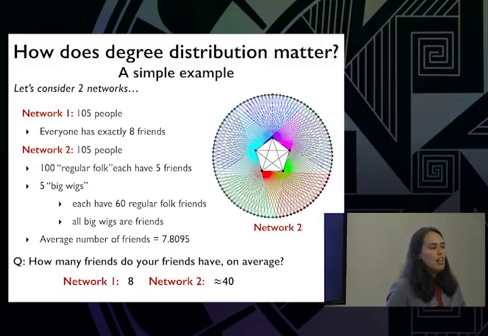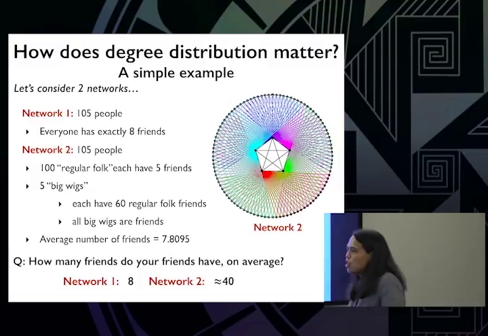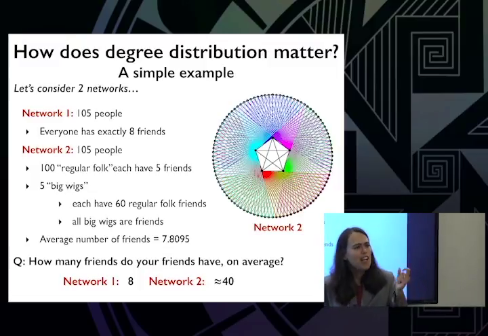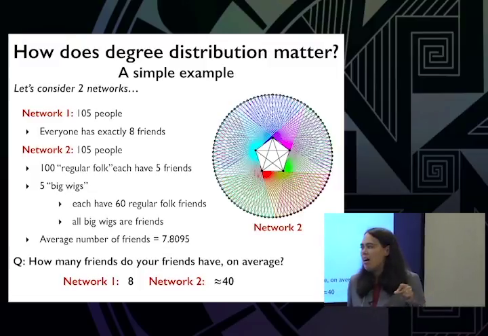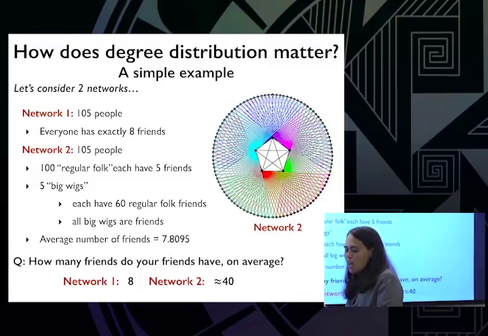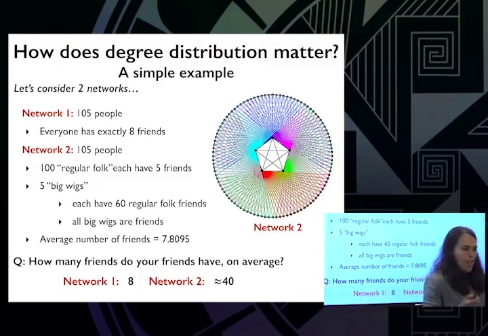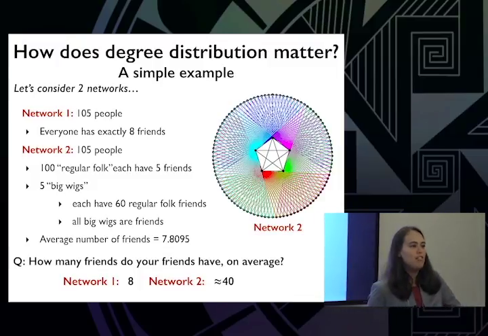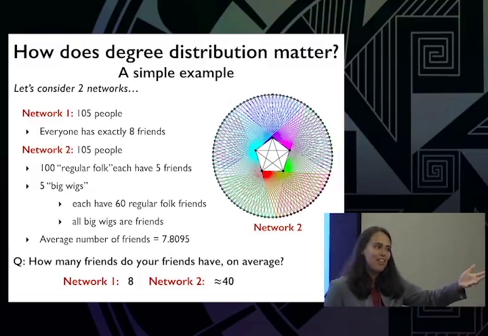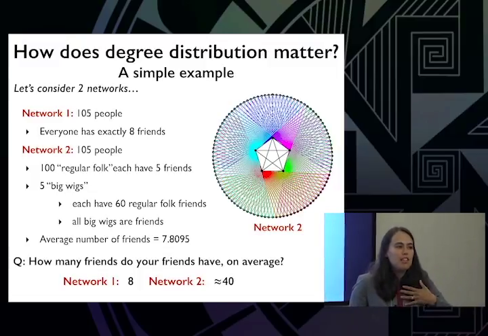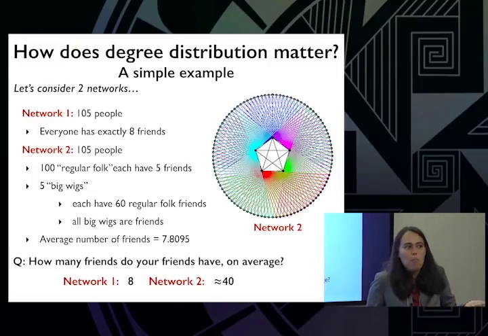And that's important in understanding lots of things in networks. As I explain this to you, it might make sense; some of you are nodding. But there are a lot of times where, let's say on Facebook, I look at my friends and how many friends they have on average. I expect my friends to be chosen randomly, so they should have about the same number of friends as I do.